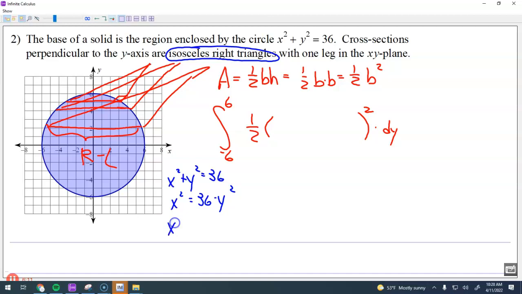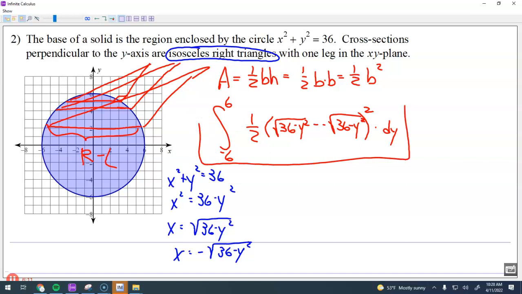And then I get two square roots. I get x equals root 36 minus y squared, and I get x equals negative root 36 minus y squared. I don't think I said root the first time, but you know what I mean. And then the positive is the one on the right, and the negative is the one on the left. So when I go to fill in the base of each one of those shapes, it's right minus left, and you'd end up with that. So this is your setup. This is what you would type in.